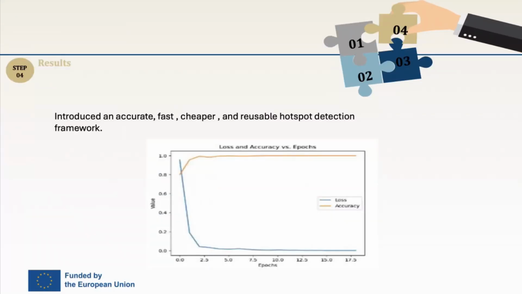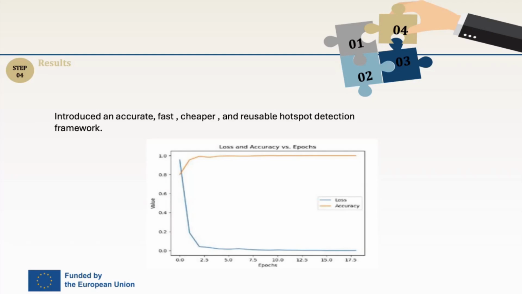So this is the model, and according to the results from the paper that proposed using deep learning to solve this problem, the model accuracy in defining whether an image is hotspot or not was around 99% to 100%. And the loss of the model was very close to zero.